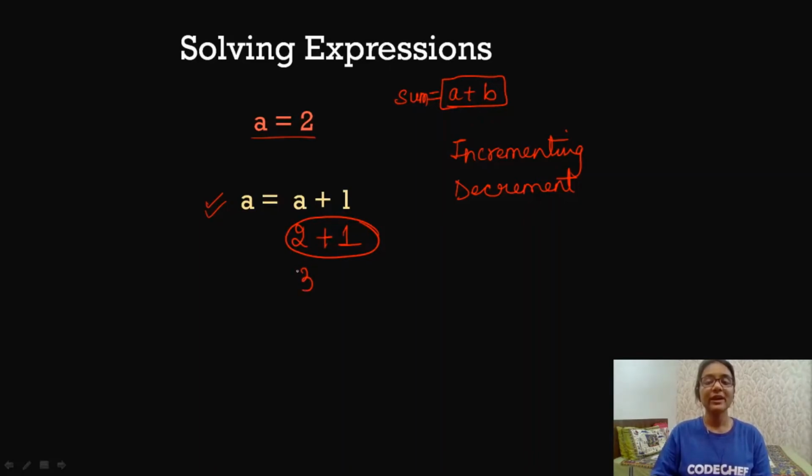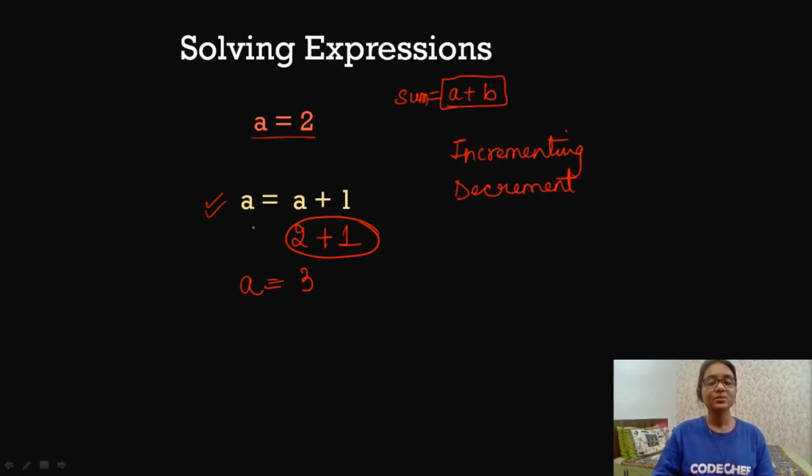Now this new value 3 will be assigned to A. Now you might say that A was already 2. How can it be assigned another value? So what is the problem? A was initially 2. The value of A was used and a new value was evaluated. Now this newly evaluated value will in turn be stored in the variable A. So this is how this expression works.